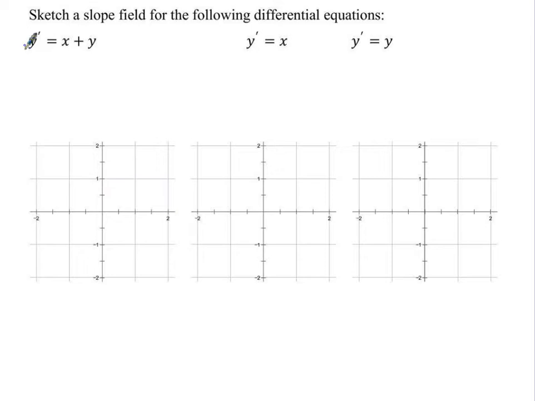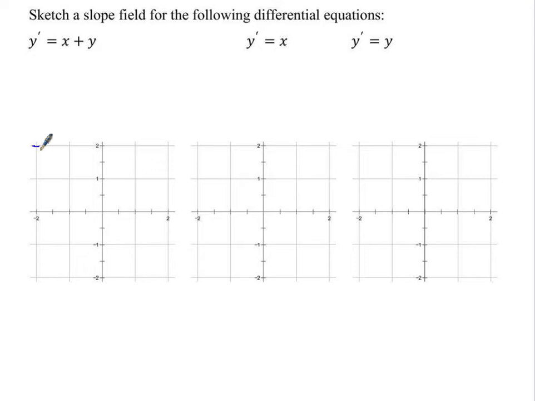We have a new differential equation here that we want to generate a slope field for, x plus y. So at each one of these ordered pairs here, because this is such a small grid, we can do all of this in our head because it's a very easy differential equation to look at. So if I start up here at negative 2, positive 2, what do I get?